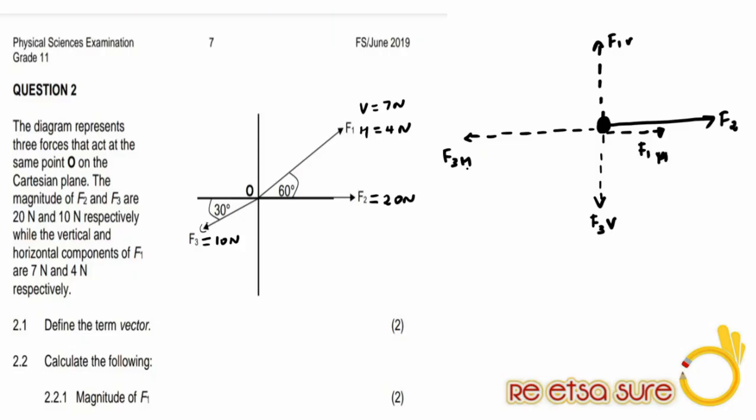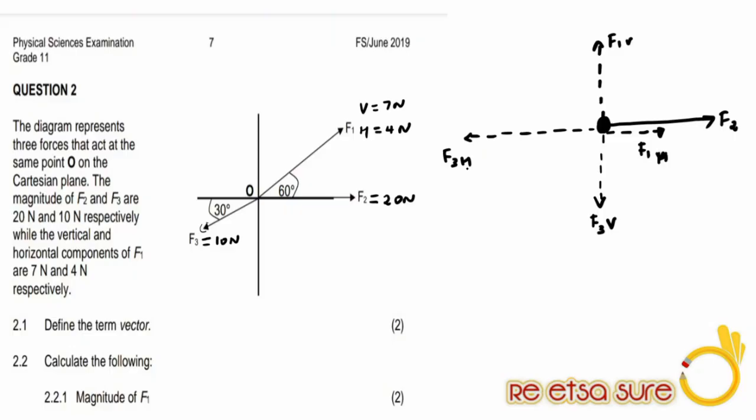So now on my Cartesian plane, all the forces are either on the x-axis or on the y-axis. This is the Cartesian plane that I'm going to work with when I perform my calculations.